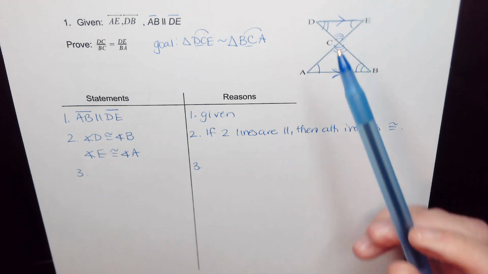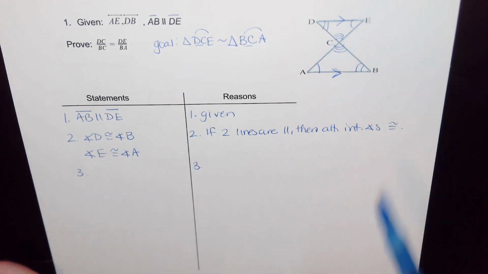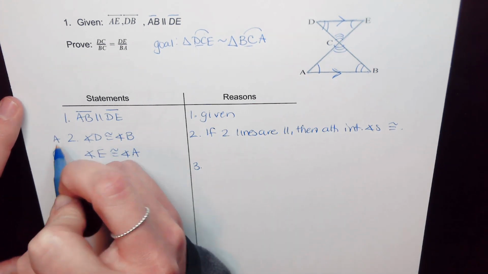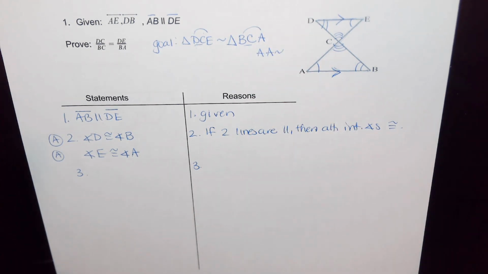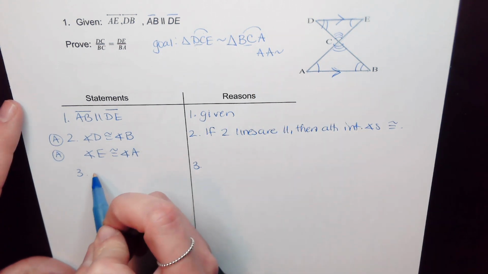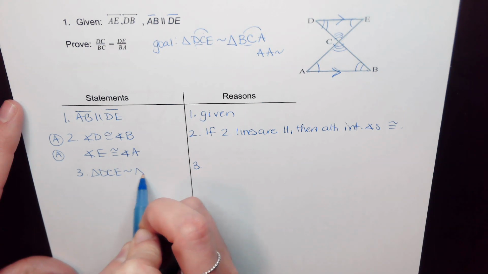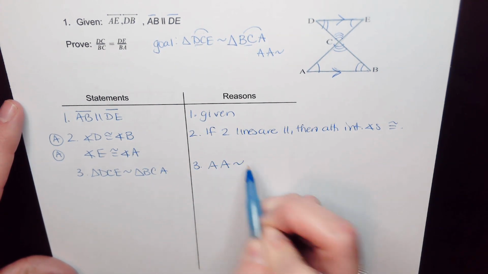So you're welcome to say here that angle DCE and angle ACB are congruent because vertical angles are congruent, but we really don't need that because here we have those two angles. And we know the actual most common way to get two triangles similar to each other is angle-angle similarity. So now I can say that triangle DCE is similar to triangle BCA by angle-angle similarity.